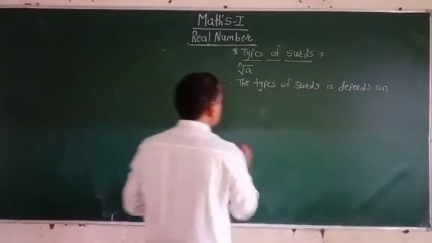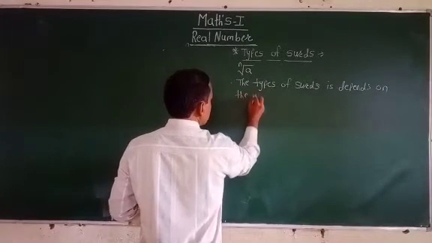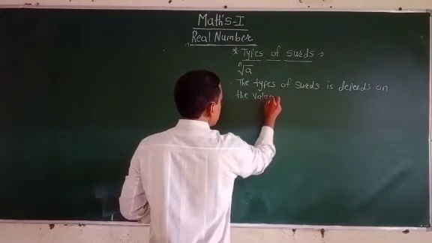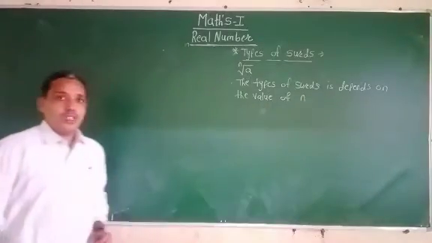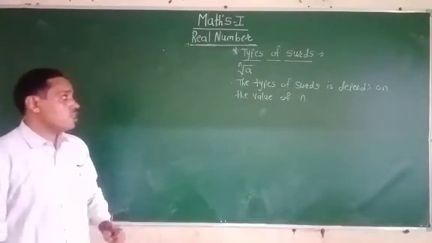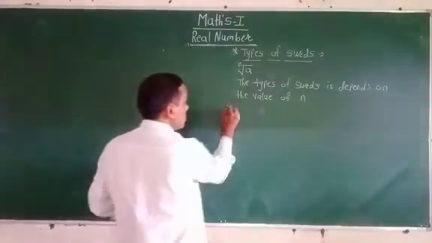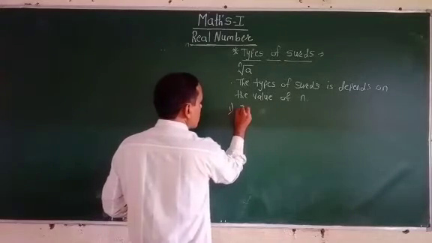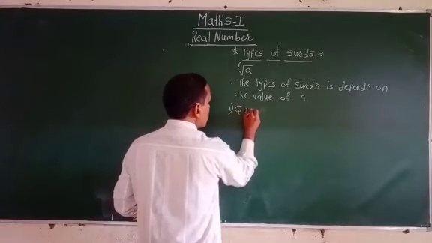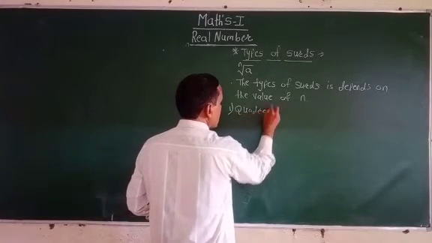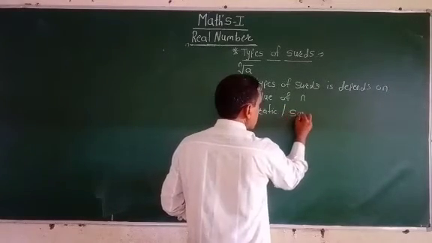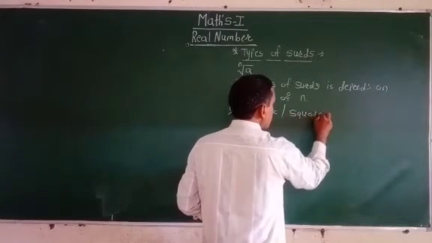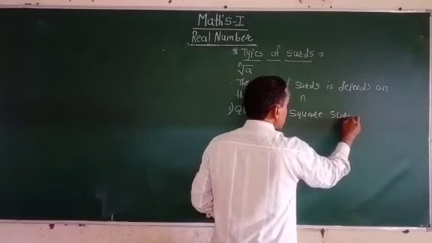The type of surds depends on the value of n. So the first one is the quadratic or square surds.